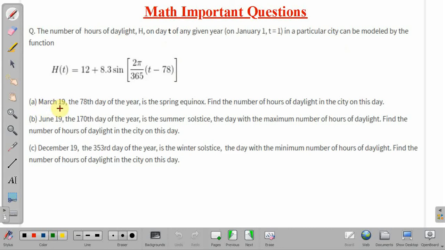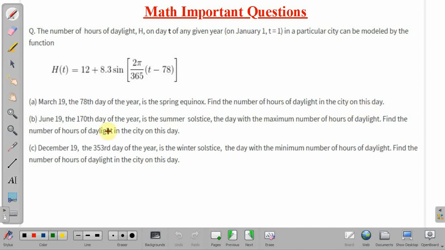March 19, that is the 78th day of the year, which is the spring equinox. Equinox means the number of hours of day equals the number of hours of night. So the hours will be equal, and we have to find the number of hours of daylight in the city on this day.